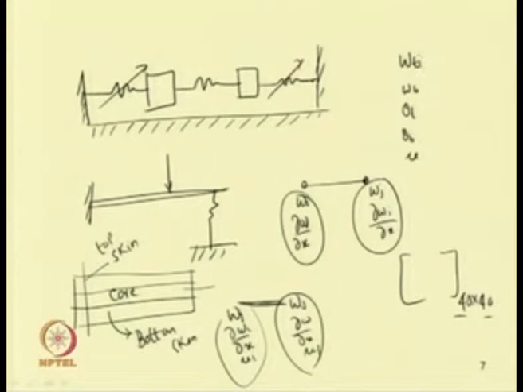So, these are at the ith node, which gives 1, 2, 3, 4 and 5 degrees of freedom. Similarly, at the jth node one can have again 5. So, it is a 10 degrees of freedom system for an element, and in that way taking several elements, one can find a large number of equations of motion.